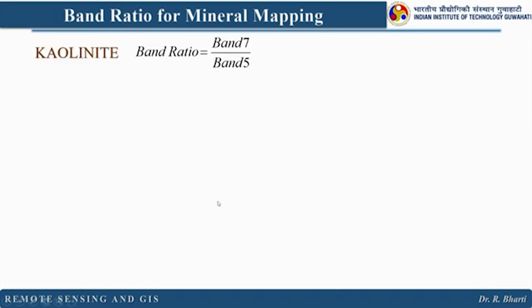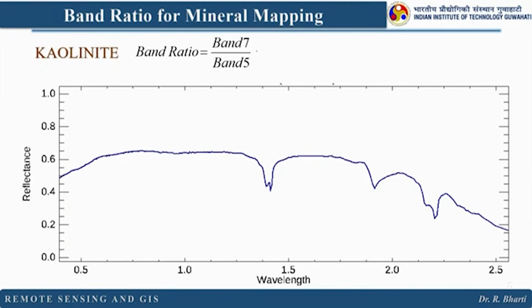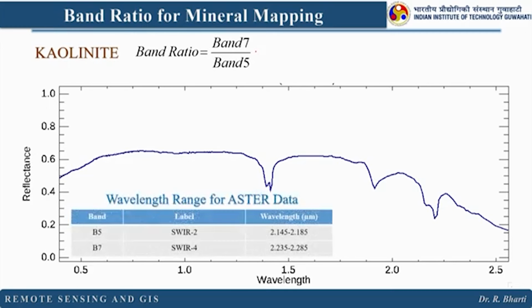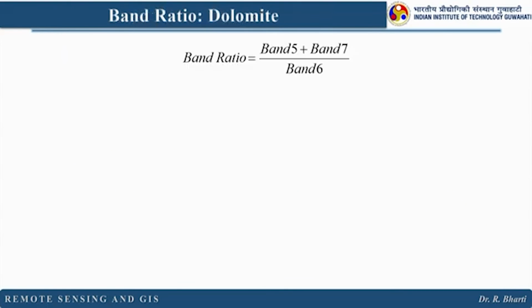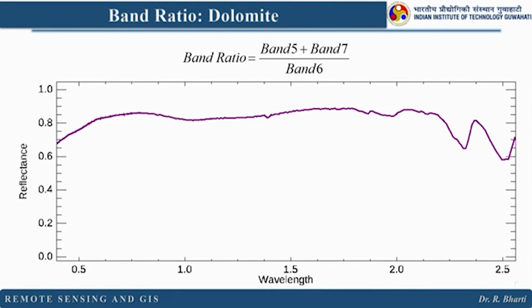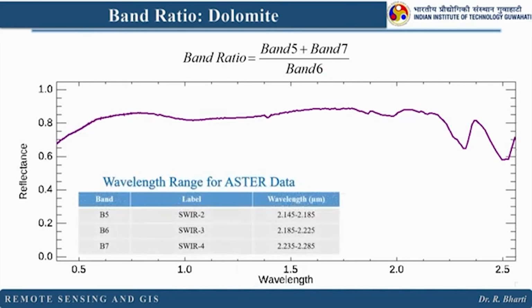Now next is kaolinite. This is a clay mineral, and for this it is band 7 by band 5, and here you can see for Aster data band 5 and band 7 are used, right. The next is dolomite. In the case of dolomite, you can use band 5 plus band 7 divided by band 6, and these bands 5, 6 and 7 are captured by your Aster data, right.